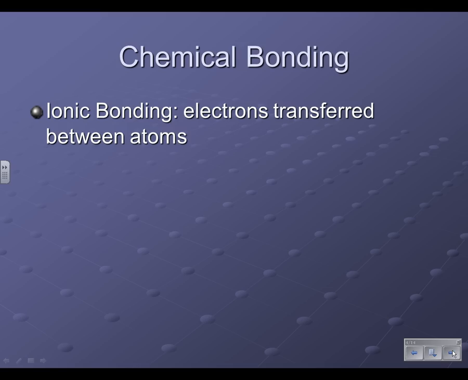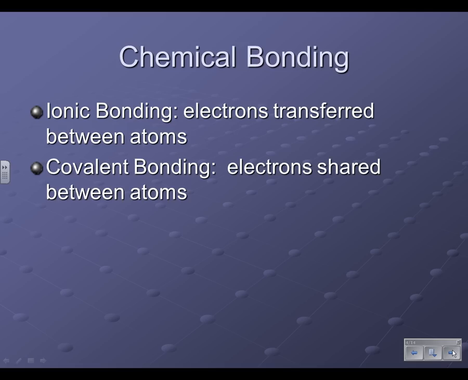But we'll find out that covalent bonding deals with electrons being shared between atoms. One of the requirements for electrons to be shared is that both of the parties, really the requirement for anything to be shared, is that both of the people or the things involved want the same thing.